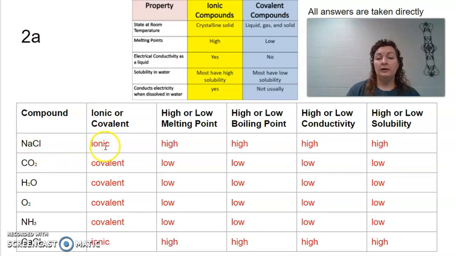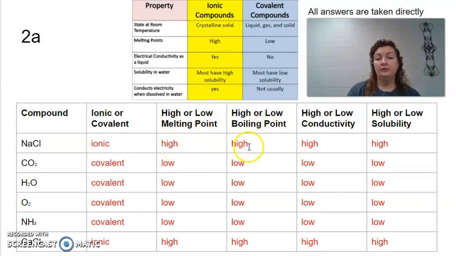So sodium chloride, it's an ionic bond, right? Because we can figure that out. There's one metal and there's one non-metal, which means it's ionic. So now we can look at our ionic information to fill this out. So would an ionic bond have a high or a low melting point? Well, here's melting point, and it said it would be high. So we're going to go ahead and put high, okay?